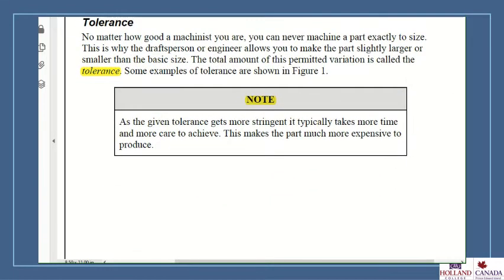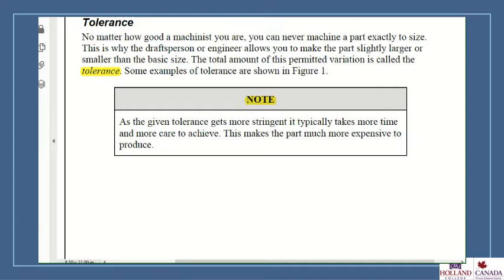Tolerance. No matter how good a machinist you are, you can never machine a part exactly to size. This is why the draftsperson or engineer allows you to make the part slightly larger or smaller than the basic size. The total amount of this permitted variation is called the tolerance. We'll see some examples of tolerance in Figure 1.